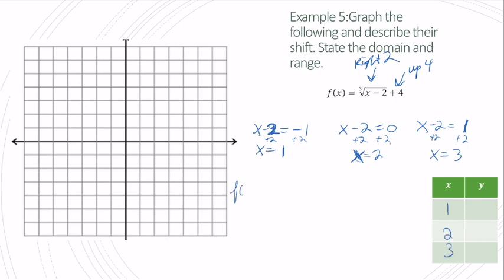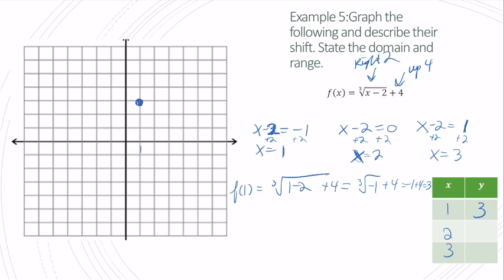F of 1 would be the cube root of 1 minus 2 plus 4. That's the cube root of -1 plus 4. -1 plus 4 is 3. So when x is 1, y is 3.